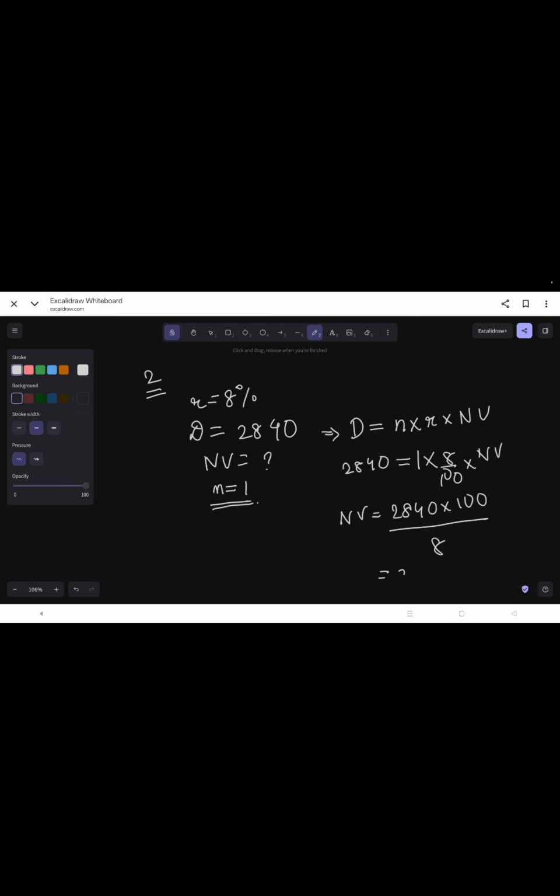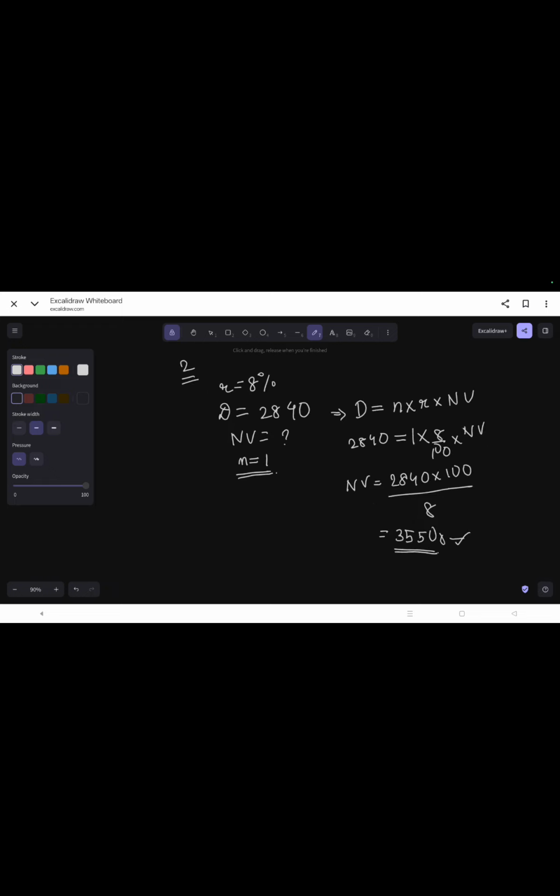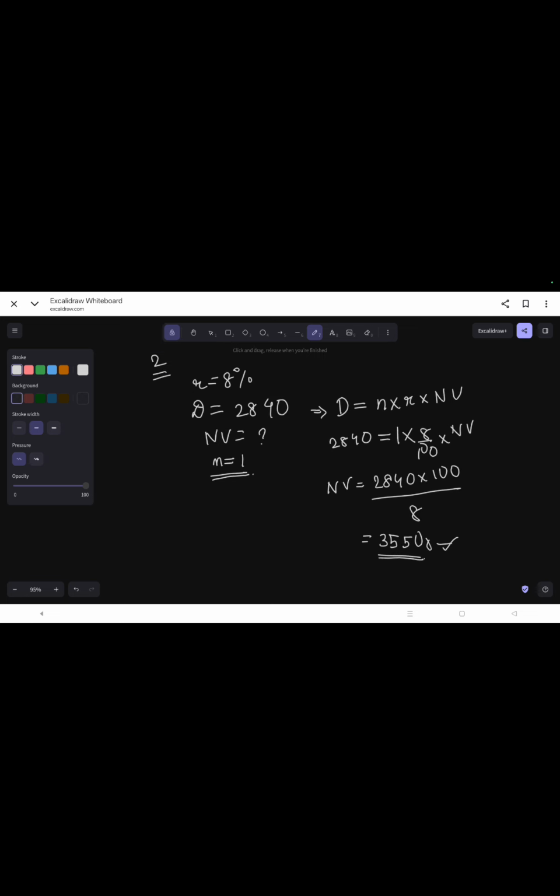If I calculate it, please don't use a calculator. That's the most important. This formula will be used multiple times. Just remember the formula: N into NV into rate of dividend.